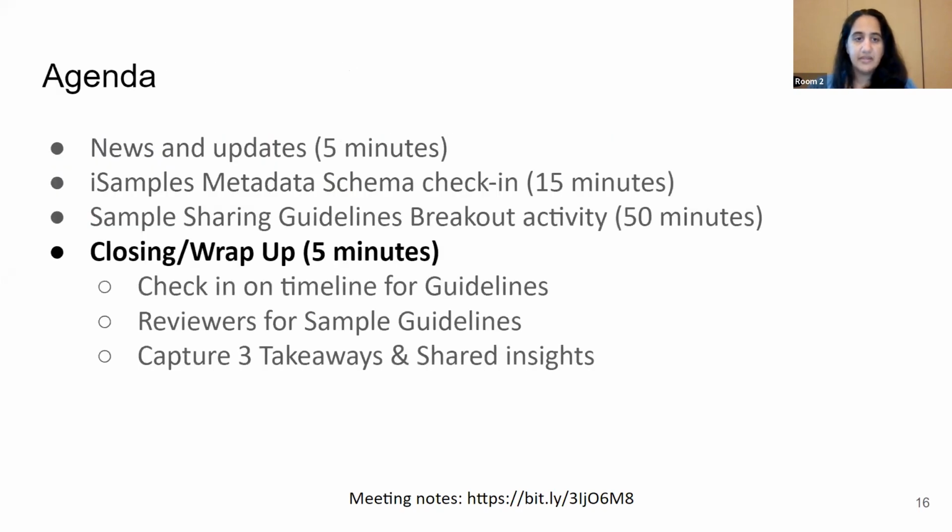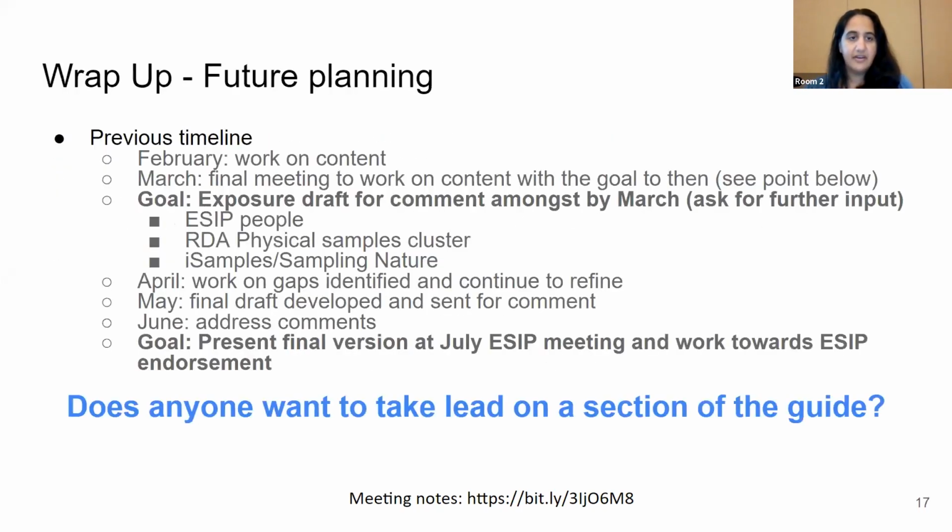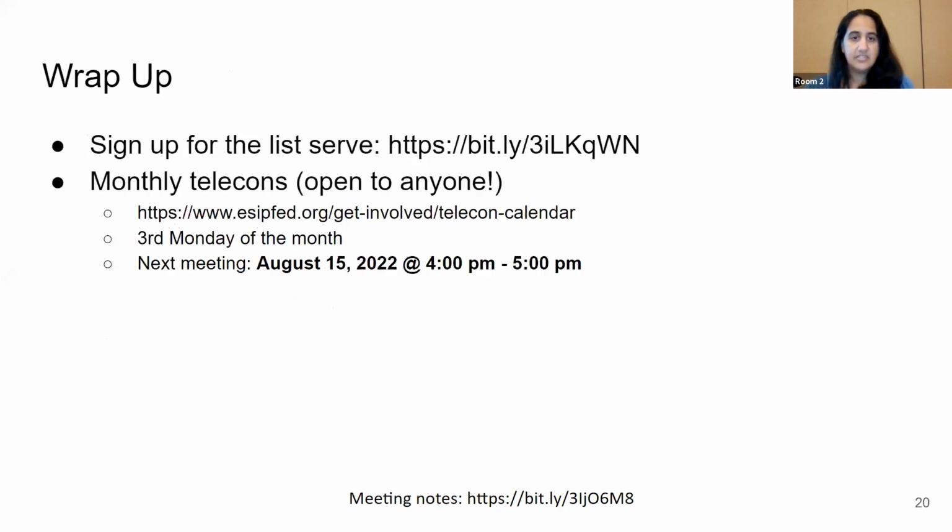But the main thing here, and I'm going to skip some of what we had planned, is to say that you should sign up for our listserv to stay engaged in the community and in the conversations if you haven't already, and that we have monthly telecons where we're going to continue these conversations. Right now, we're scheduled to have the next meeting on August 15th at 4 p.m. Eastern. But we've discovered that even though we just picked this new time, it's not a very good time for anybody.